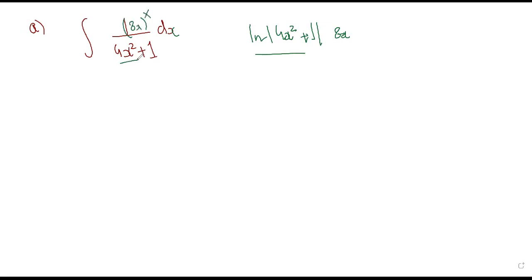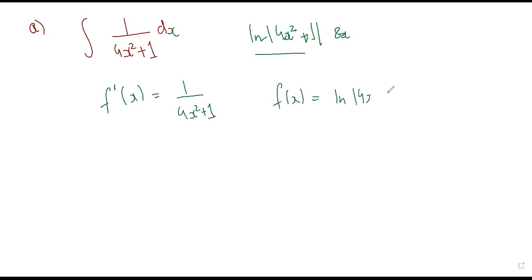So if you think of this as the f dash of x function directly, let's do it that way first. If you think of it as the derivative function, your f of x cannot be this. Why?